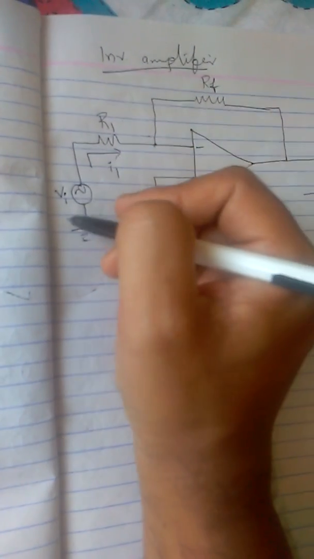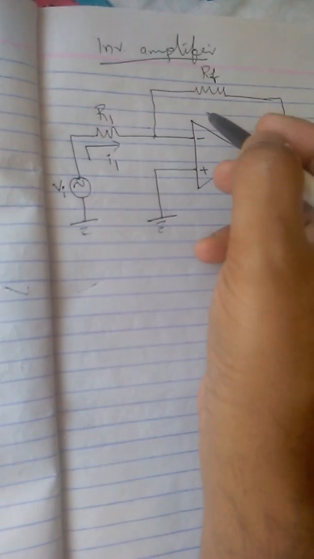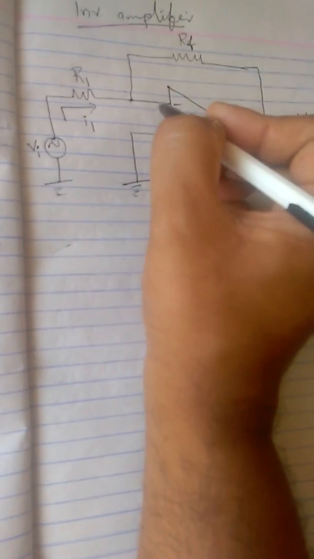Because of Vi I can expect some current, say I1. Because of Vi, I1 flows through R1, and this op-amp has two basic parameters. Op-amp has very high input resistance and very low output resistance. Since op-amp has very high input resistance, it will not allow any I1 to enter into the op-amp.